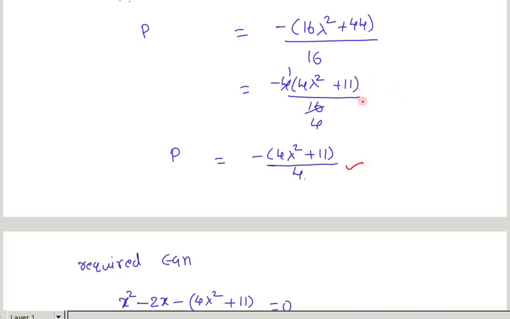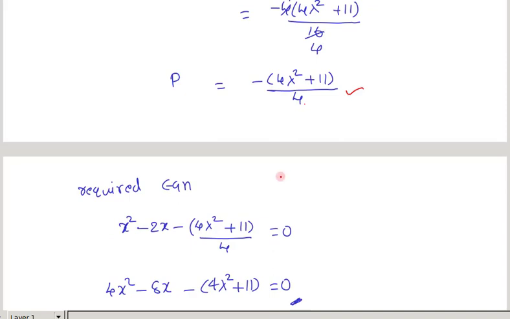This value of p should be substituted in equation 1. What is our equation 1? Our equation 1 is x square minus 2x plus p is equal to 0. In the place of p, I substituted this value. So x square minus 2x, and as we got p as negative, plus into minus of 4 delta square plus 11 by 4 is equal to 0.